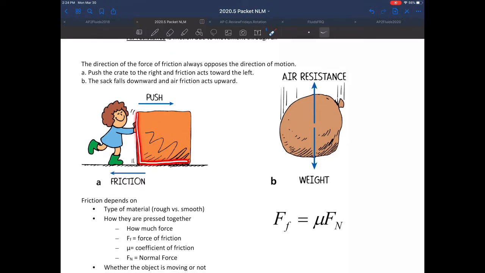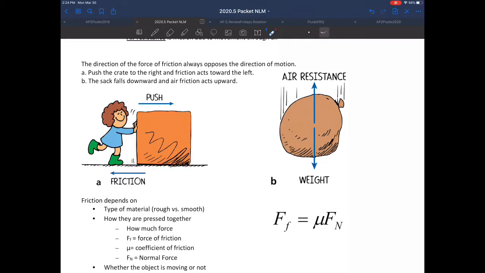So here you have a crate, and as you push it forward, the rubbing between the two surfaces will have the friction pointing left. Because the crate is sliding to the right, the friction on the crate will be to the left.